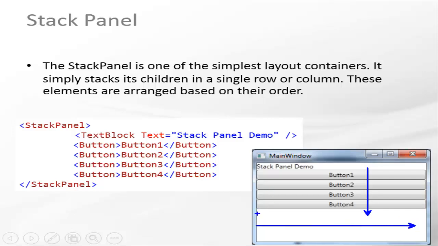You can place the elements one after the other in this direction, or in the reverse direction. You can start from here and then place the next element next to it, and so on. However, you cannot do this one. From the bottom up is not possible. You can't keep one element at the bottom, the next element on top of it, and so on. That option is not available.